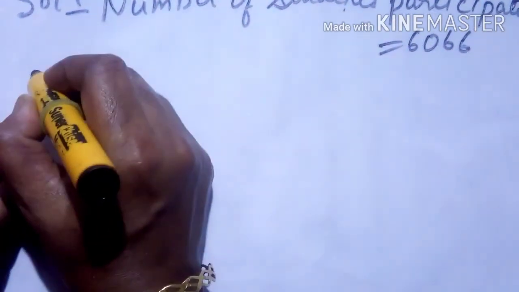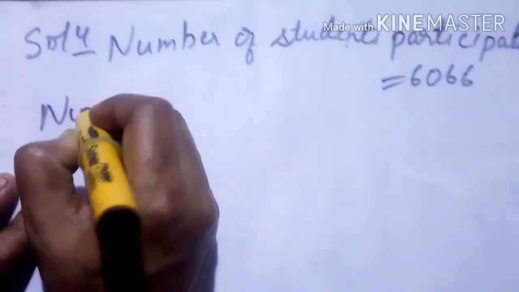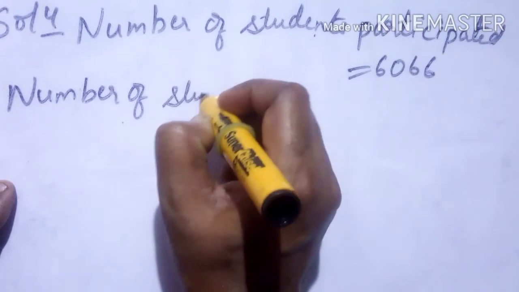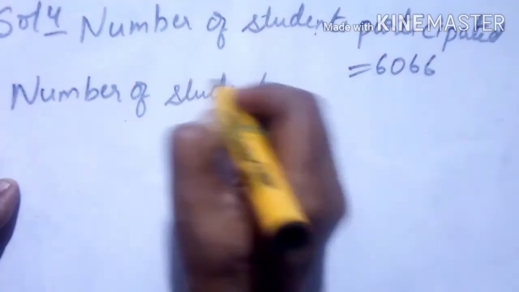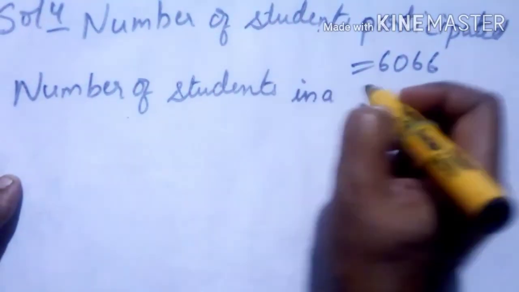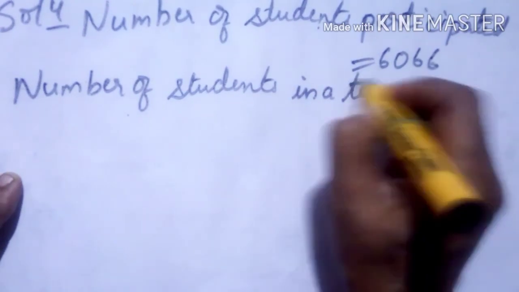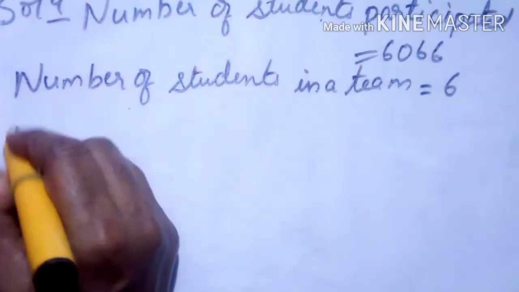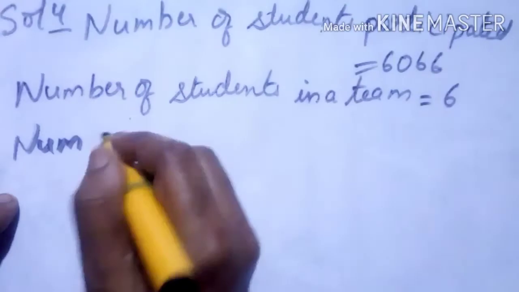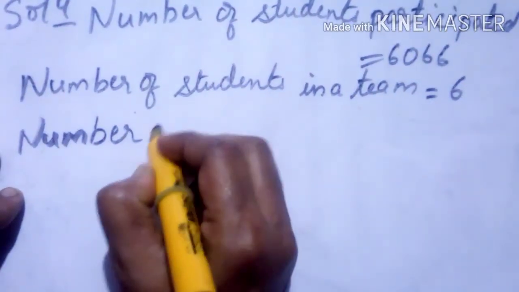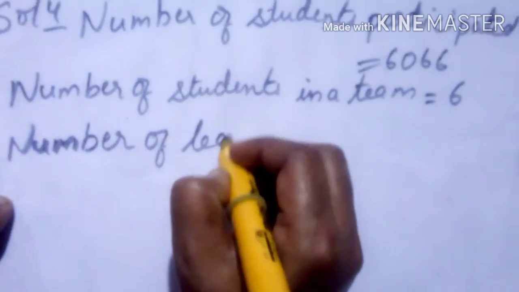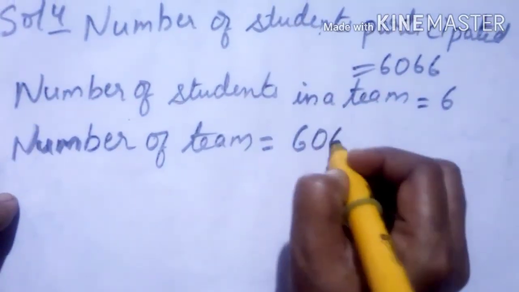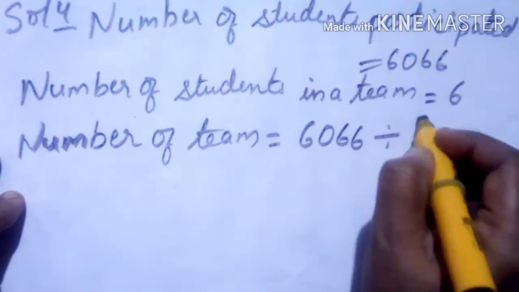Number of students in a team. How many students are there in a team? 6 students. So number of teams. You have to find out how many teams are there. Number of teams is equal to, you have to divide 6066 divided by 6.